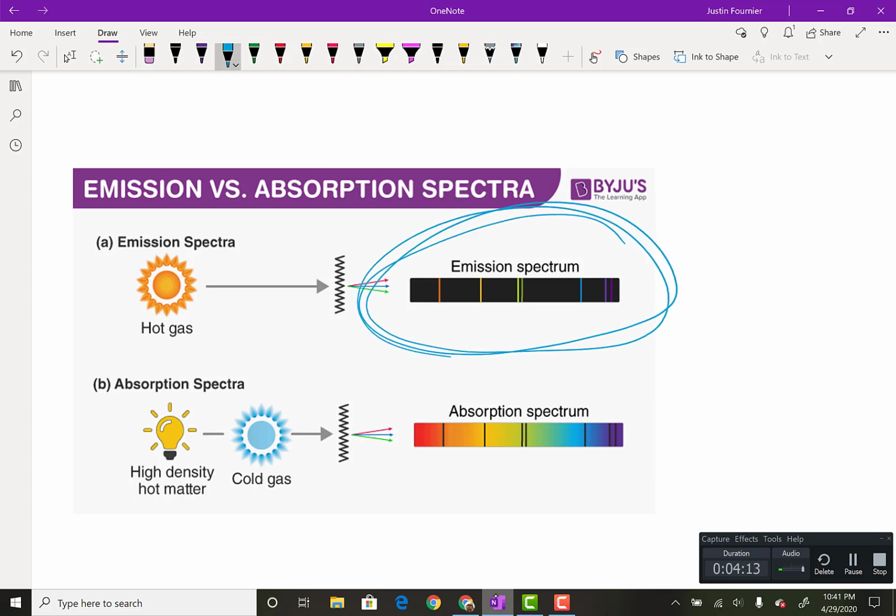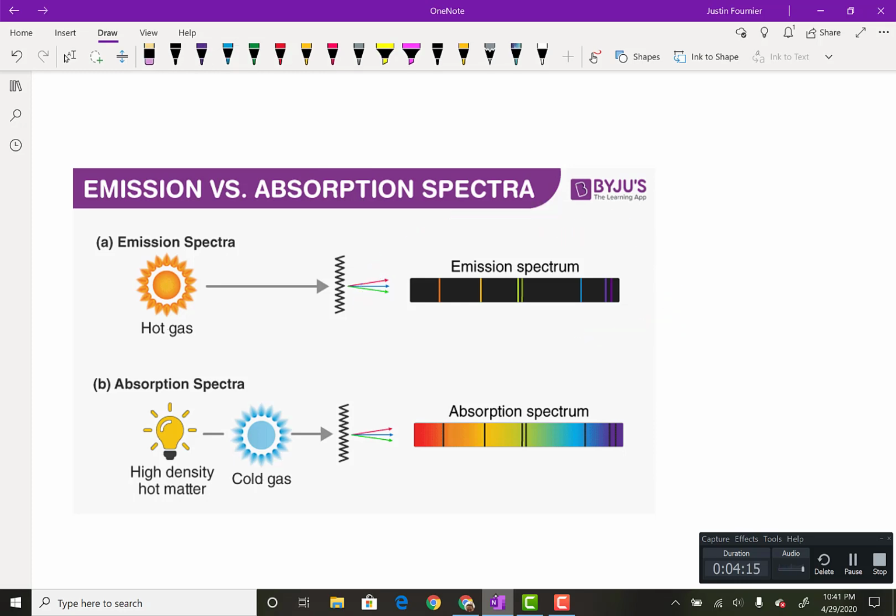So if you got something like, I think this is hydrogen. So this would be hydrogen here. This is the emission spectrum. And you can probably guess an absorption spectrum does the absolute opposite of what an emission spectrum does.